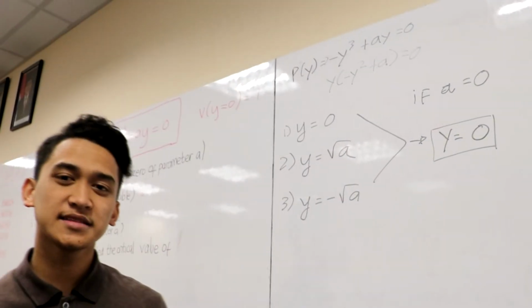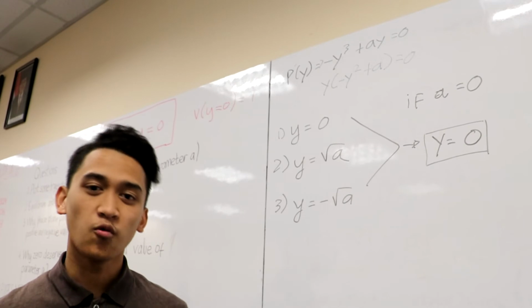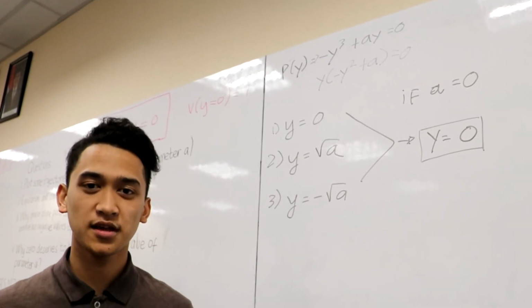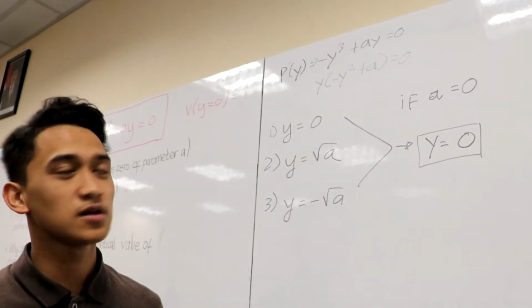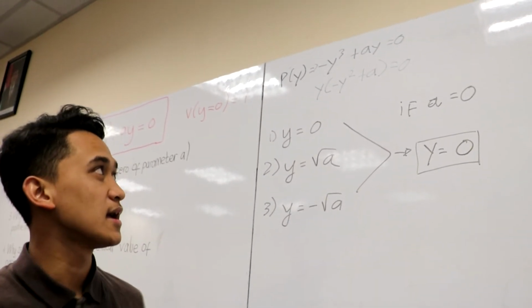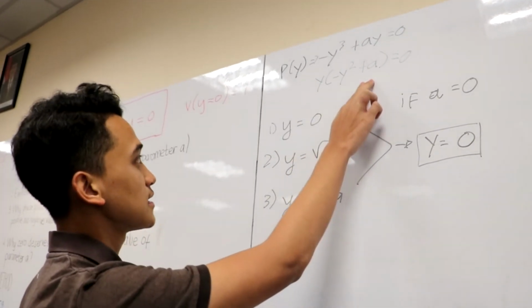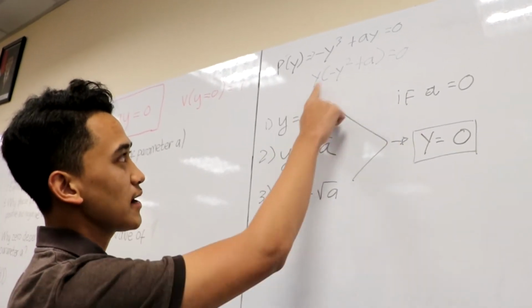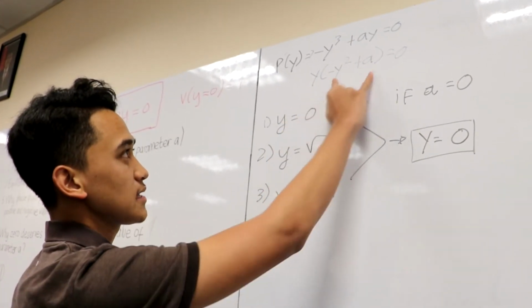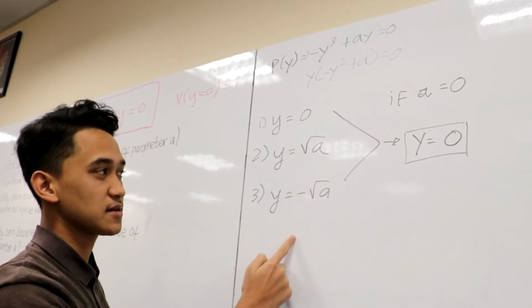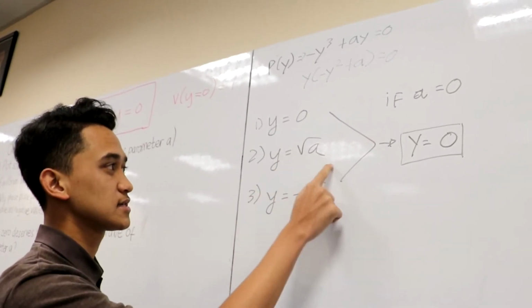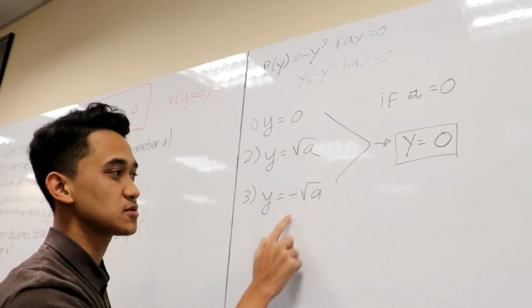So, as related to number 4, why 0 is called the critical value. As we know, the equation is minus y to the power 3 plus ay, and we can factor it like this and get the values of y. First y is 0, then the second y is plus or minus the root of a, which we can separate into root of a and minus root of a.